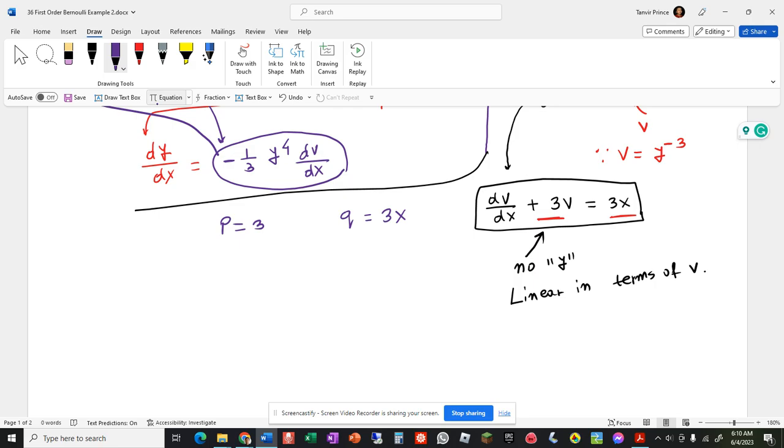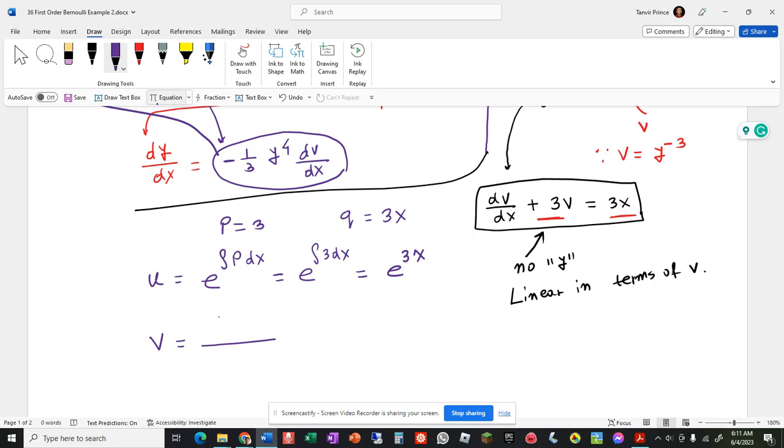So let's find the integrating factor. u is e to the power integral of P dx. So in this case, it's going to be integral of 3, which is of course e to the 3x. Do not add any c. We just choose c to be 0. So v is going to be equal to, remember the formula, something over something.